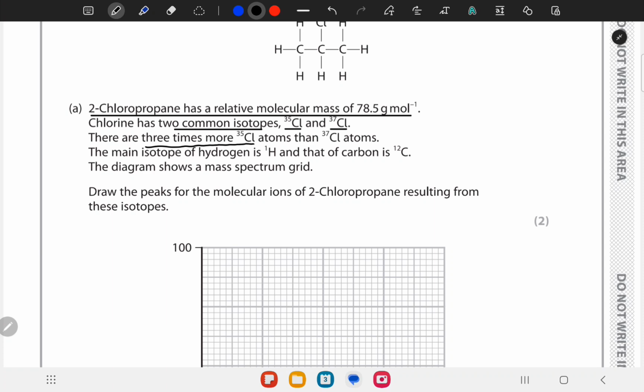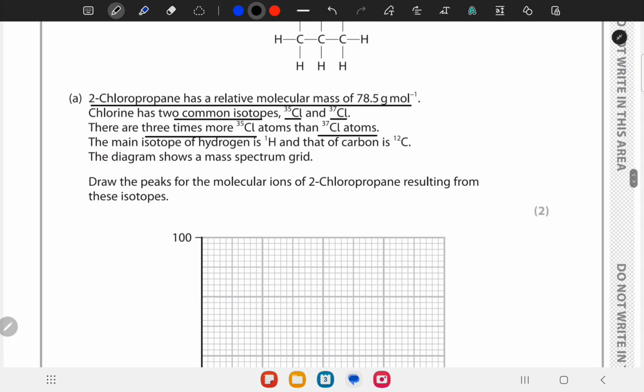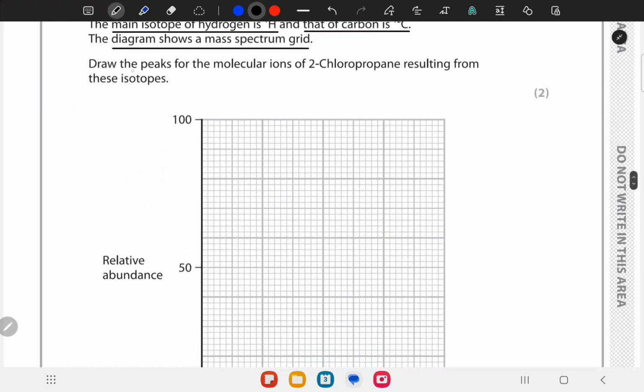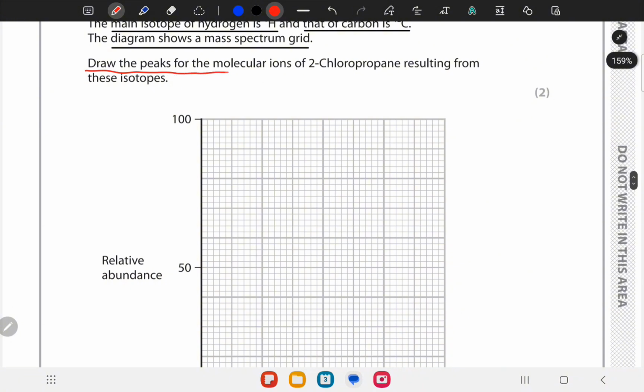There are 3 times more chlorine 35 than chlorine 37. The main isotope of hydrogen is hydrogen 1, and for carbon it's carbon 12. We are given a diagram that shows the mass spectrum grid. We have to draw the peaks for the molecular ions of 2-chloropropane resulting from these isotopes.